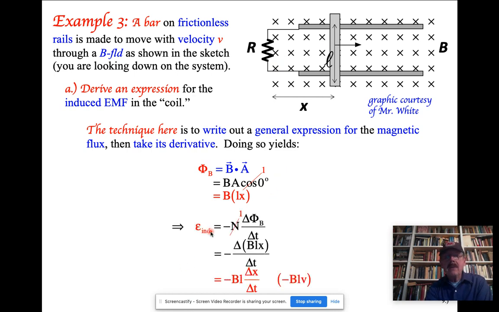Induced EMF is going to be minus N times the change of that with time. Well, B isn't changing, L isn't changing, X is changing. So you pull the constants out, you end up with the change of X over the change of T, which just happens to be the velocity. So this turns out to be the induced EMF.